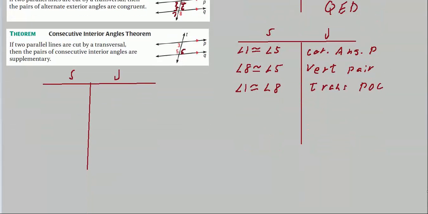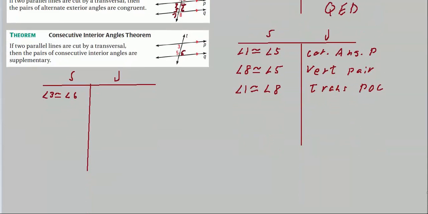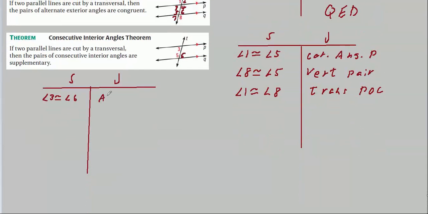So we can write that angle 3 is congruent to angle 6 by our alternate interior angles theorem. That's why angle 3 is congruent to angle 6.